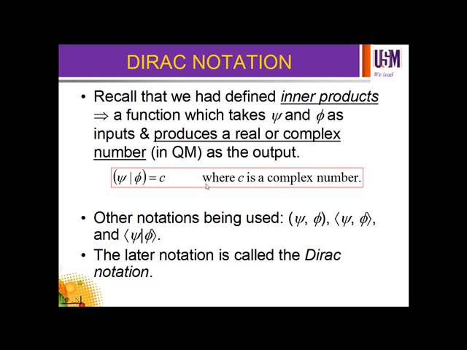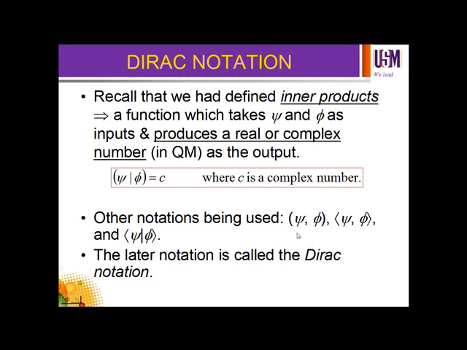So the inner product is represented by a bracket with a vertical line separating the two wave functions. What we get is C, where C is a complex number. Anyway, in mathematics, many authors use different notation.